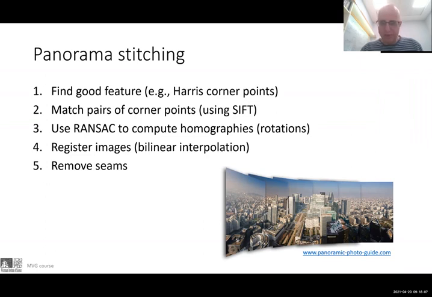The main issue is that, for example, if I try to register the sky between the images, I won't be able to really know how to register them, because the sky looks pretty much smooth and there is not much information there.